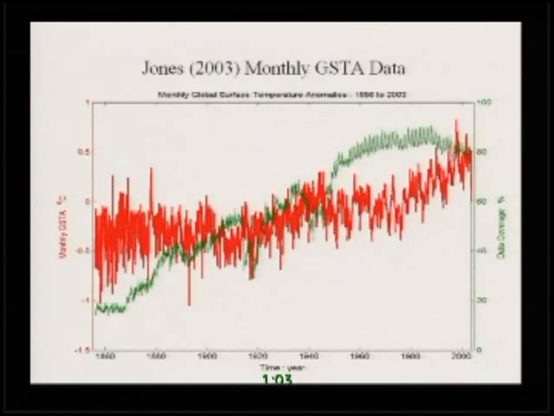This original data you can download actually from the Southampton data center. I downloaded this in 2003 when I did this work, and if you go now, you can probably get even more recent. What they got is monthly data, which they collected from thousands of weather stations in the world.